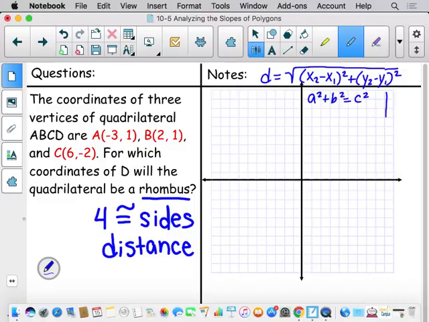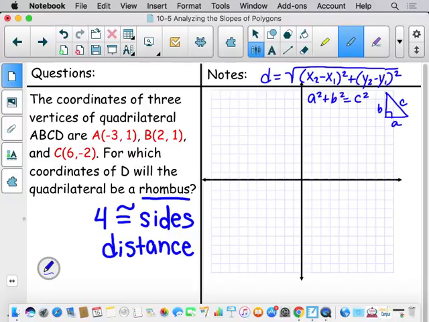That's if you want to turn it into a right triangle, where you have a, b, and c. So I'm going to look at where these points are located on the coordinate plane, and then we'll decide which one we want to use to find our distances, okay?